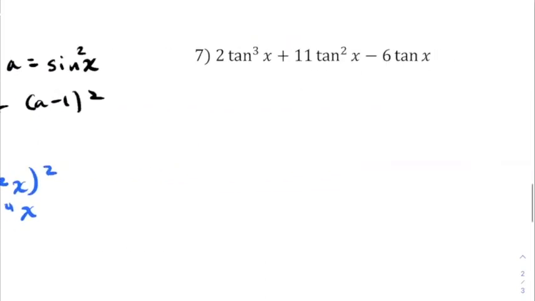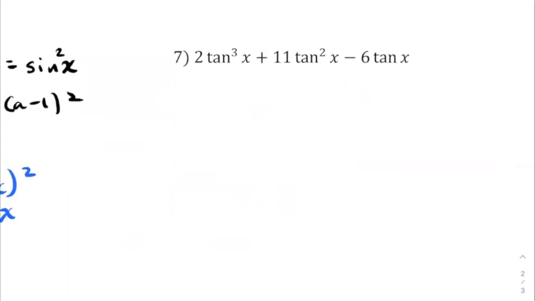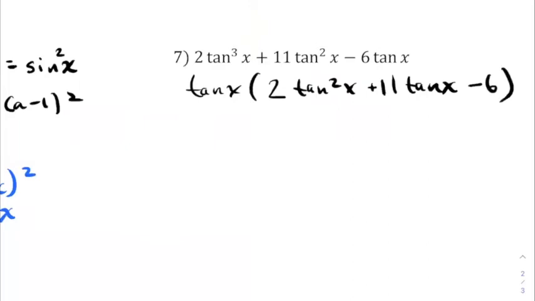All right, number 7, let's look at this. Number 7 has 2 tangent cubed x plus 11 tangent squared x minus 6 tangent x. All right, so obviously the first thing we probably want to do here is to factor out a tangent. And this here should be a factorable quadratic.